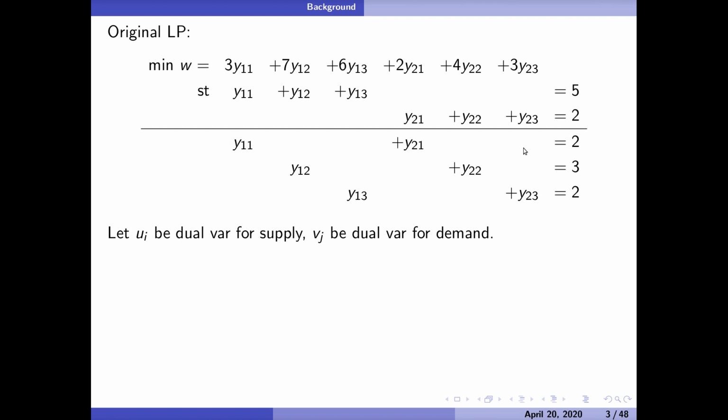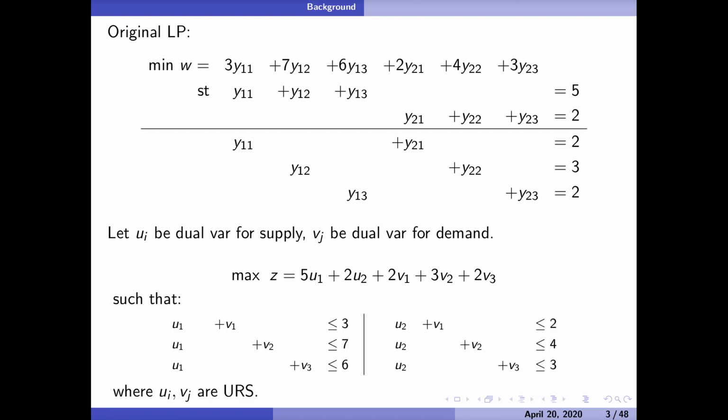Okay, so if I use those for my variables, we see that we want to maximize 5u1 plus 2u2 plus 2v1 plus 3v2 plus 2v3. Okay, so that's our maximization problem. And our constraints, well, here you can see u1 plus v1 should be less than or equal to 3. u1 plus v2 is less than or equal to 7, and so on. And so there's our constraints.